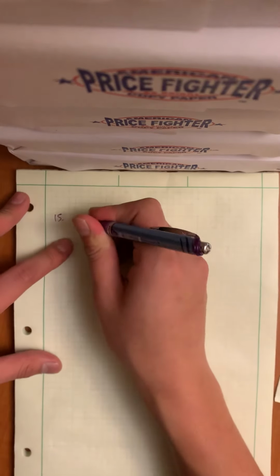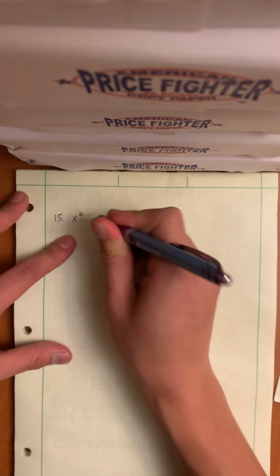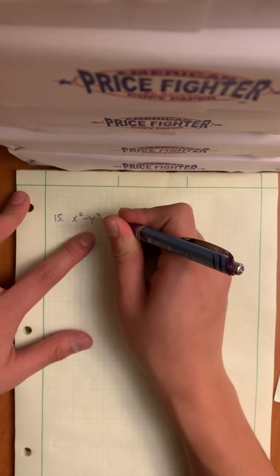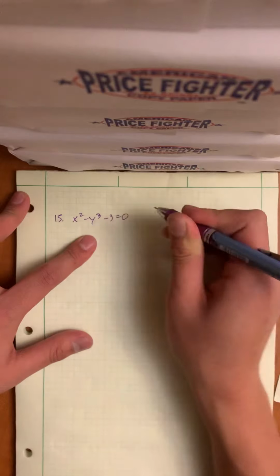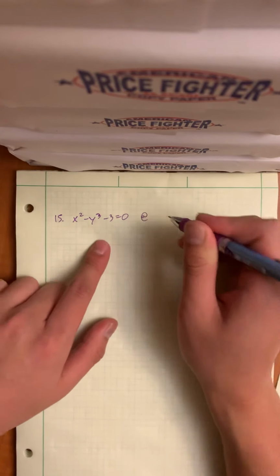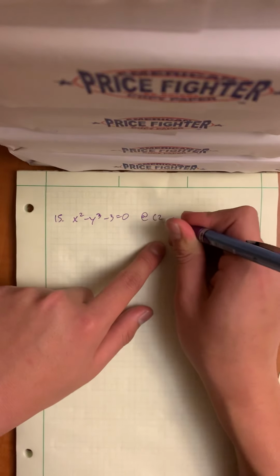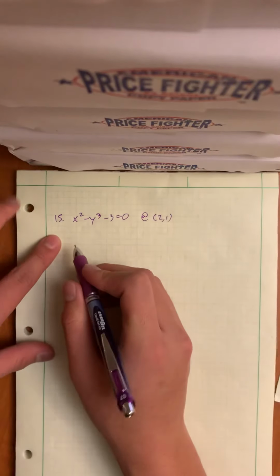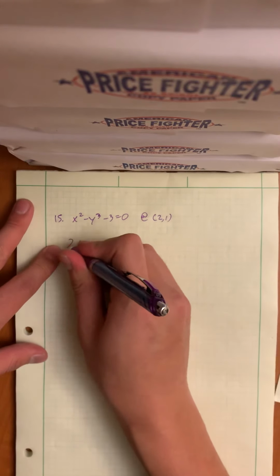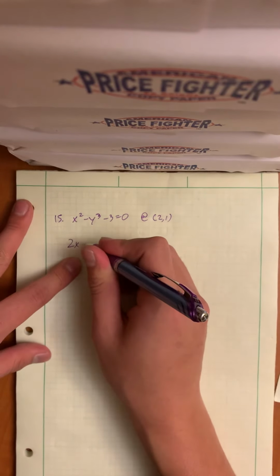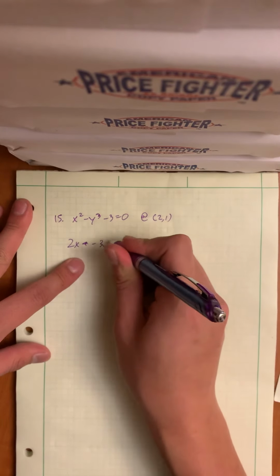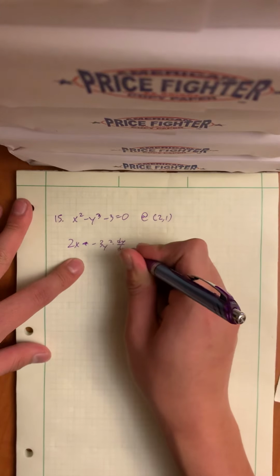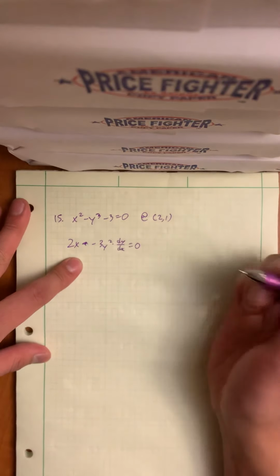So for problem 15, our function is x squared minus y cubed minus 3 equals 0, and we're looking for the value of its derivative at the point (2, 1). Right, so we're going to take the derivative. That is 2x minus 3y squared times dy/dx, and the 3 is 0, equal to 0.